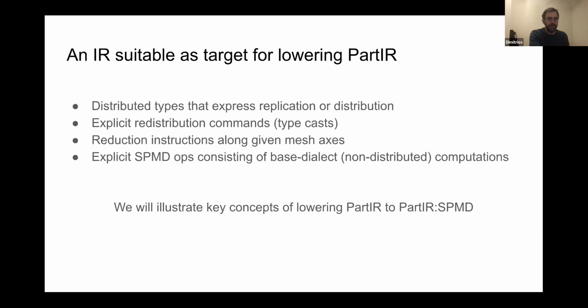It has distributed types that express replication or distribution, and explicit redistribution commands. It has reduction instructions along given mesh axes. So no devices, we're still operating with mesh axes. In fact, devices get bound really late, almost at the runtime level. And it has explicit SPMD ops consisting of base dialect computations, so non-distributed computations.